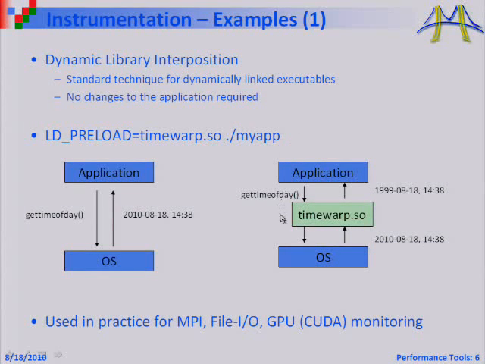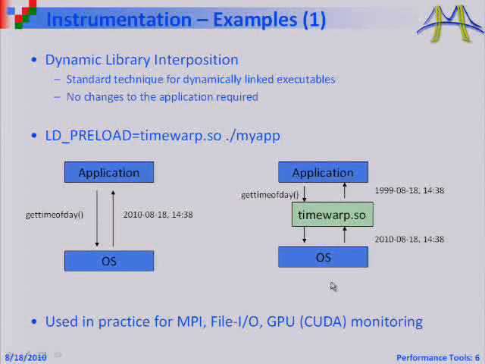That way, any call to getTimeOfDay, if it's implemented in this library called timewarp.so, will actually be first handled by this library that you can provide. And the timewarp library can then, for example, call the time that just happened, and subtract, in this case, 11 years to make you believe this application still lives in the year 1999.